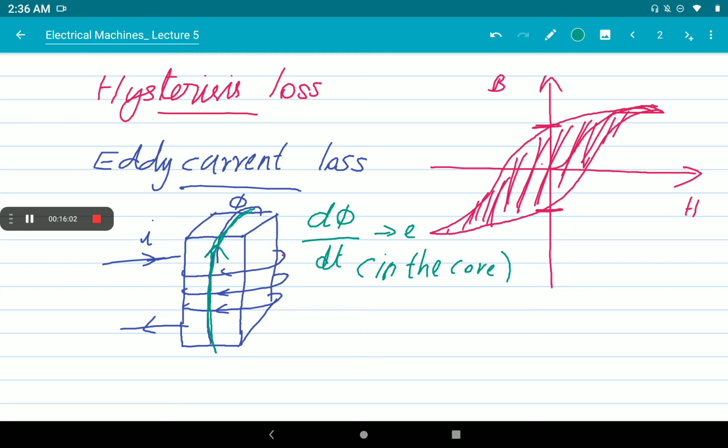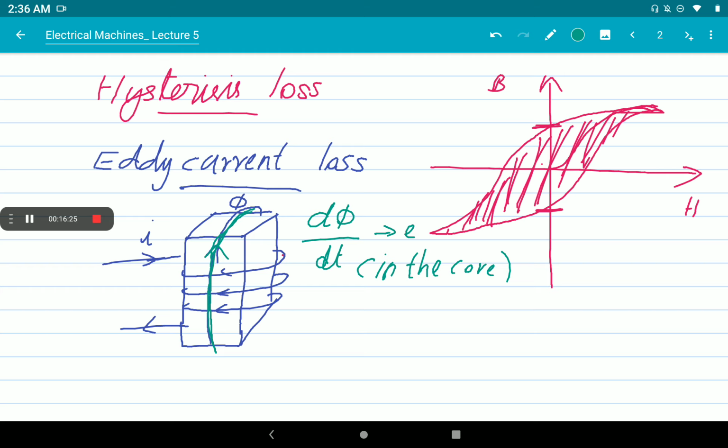We are considering the core. When we wind a coil on a ferromagnetic core, the alternating current flowing through it will produce an alternating magnetic field. So the flux phi will be a varying flux. That means there is a rate of change of flux, and it will produce an induced EMF in the core.